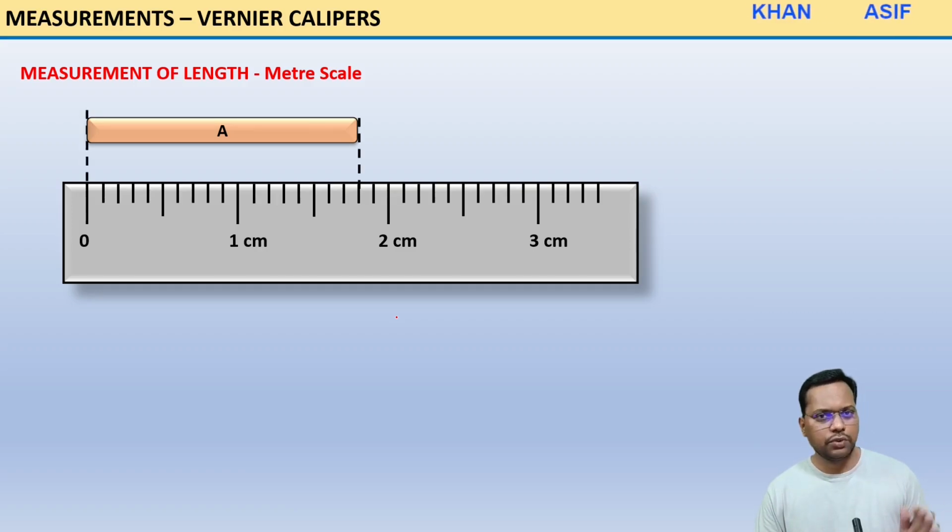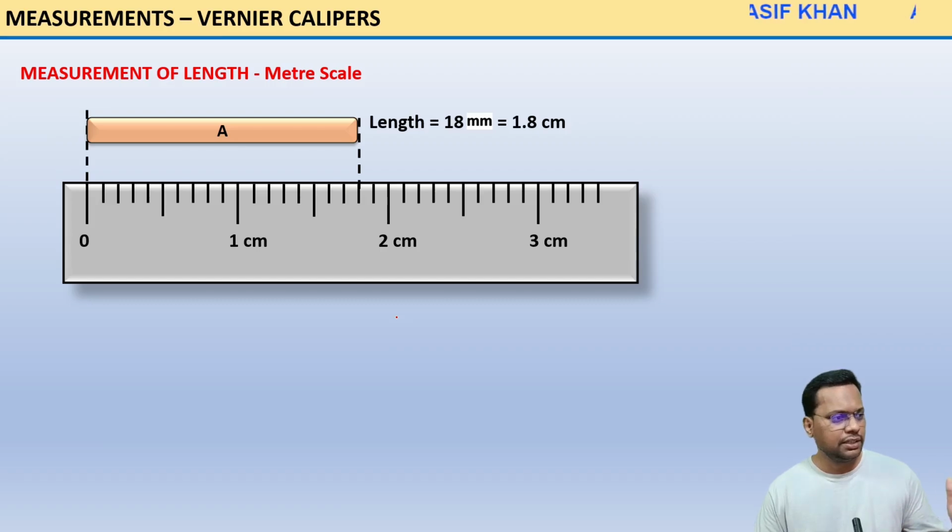We coincide one end of the object with the 0th line, and we see with what division the second end of the object coincides. Here it is coinciding with 1.8. So 1.8 centimeter or 18 millimeters is the length of the object.